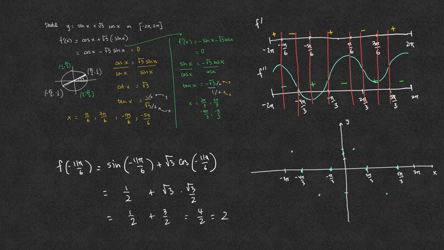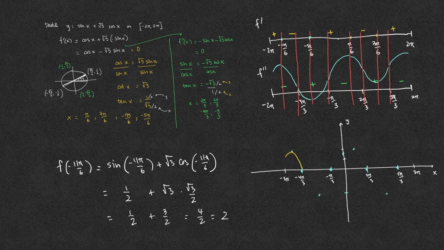On the interval negative 2 pi to negative 11 pi over 6, the function is increasing and concave down. From negative 11 pi over 6 to negative 4 pi over 3, the function is decreasing and concave down, and it has to go through the x-intercept.